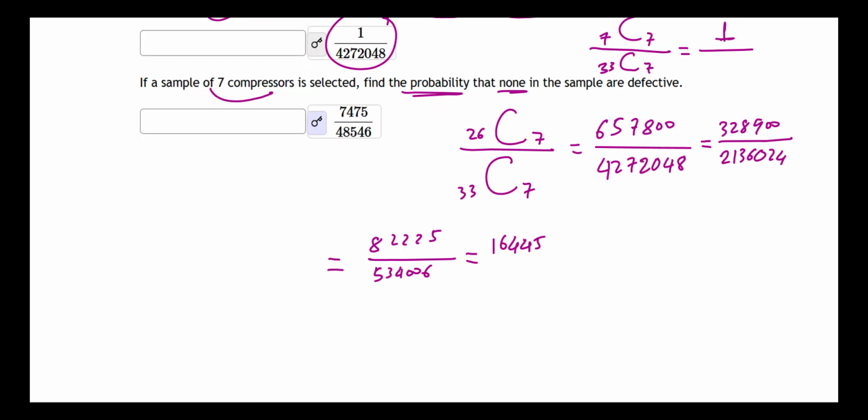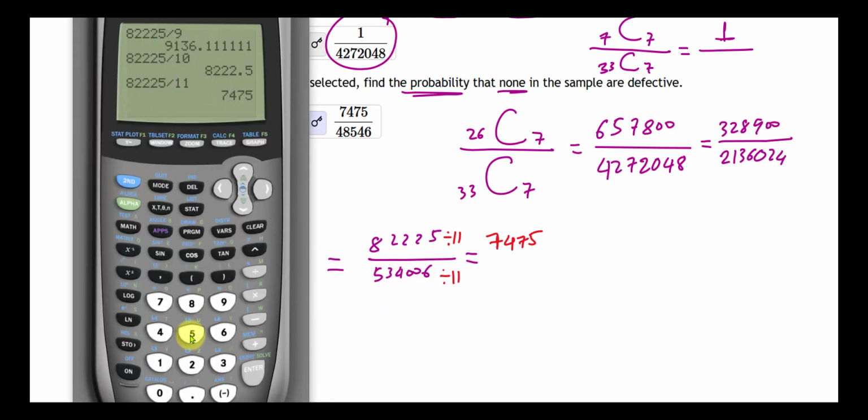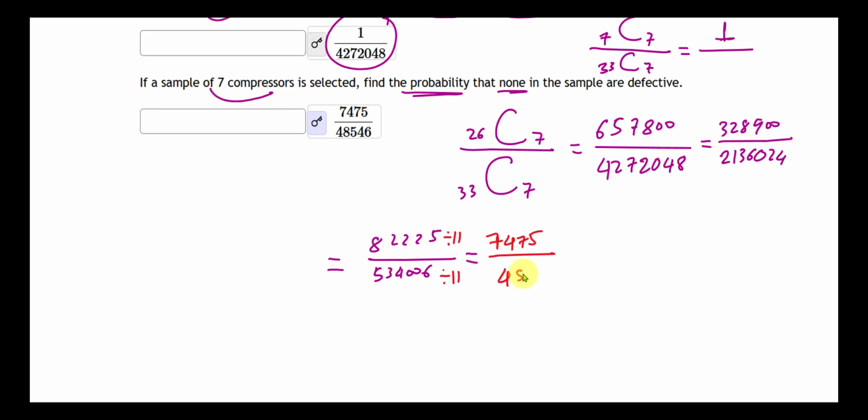On the top we divide by 11, and I will get 7475. Then it looks like we can divide the bottom number by 11: 534006 divided by 11 is 48546. So 7475 over 48546 is the reduced fraction of this problem.